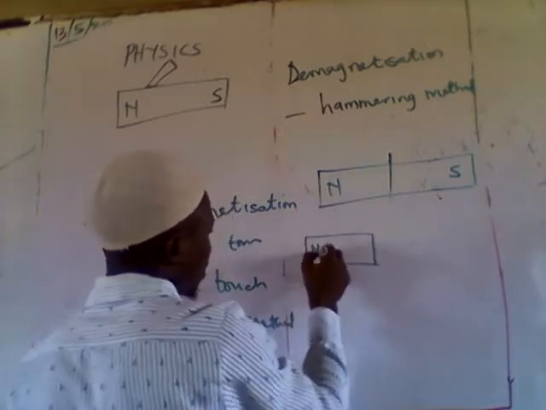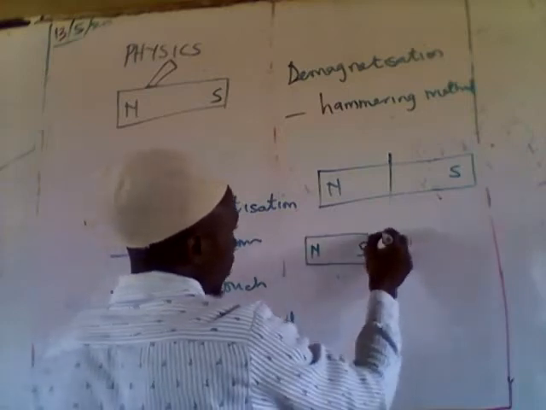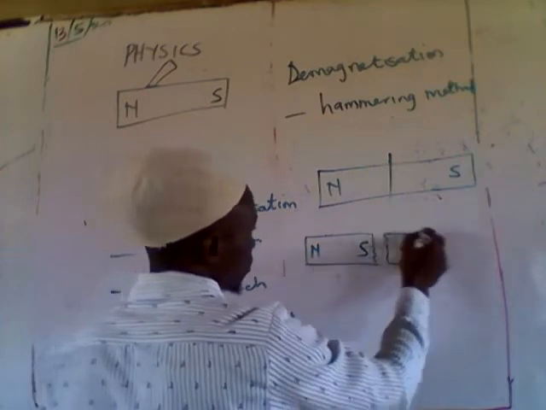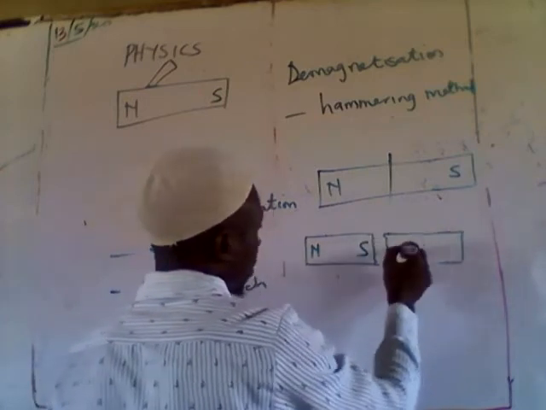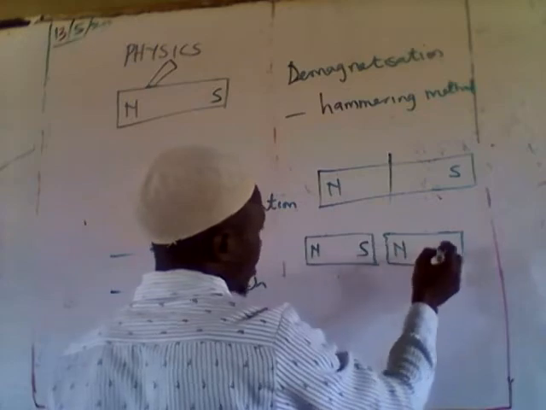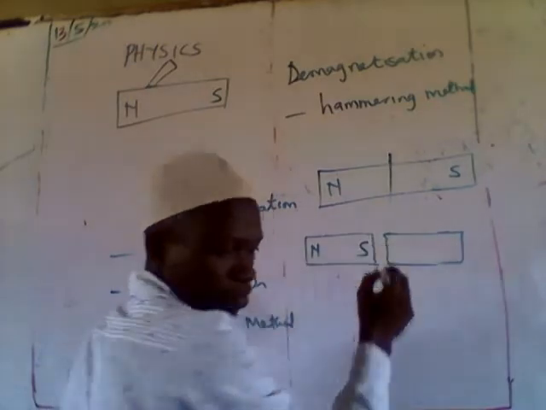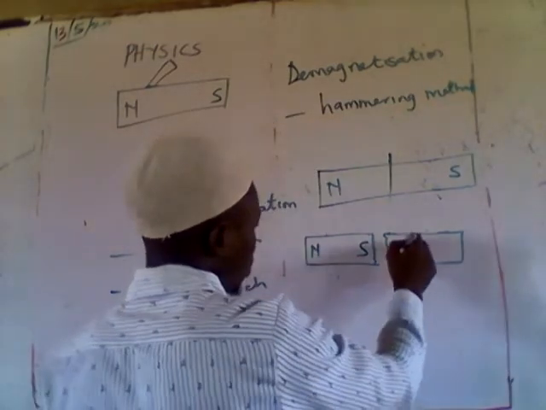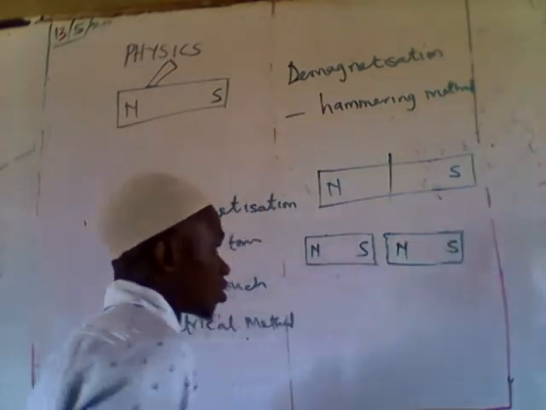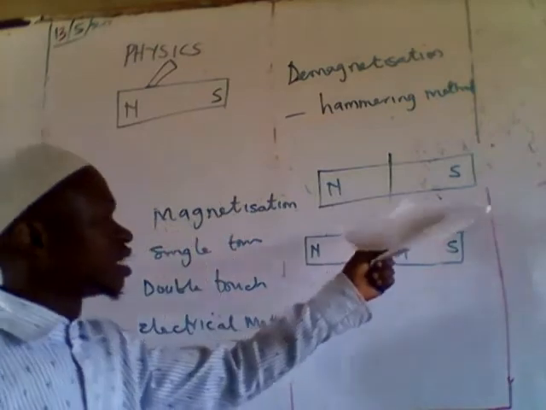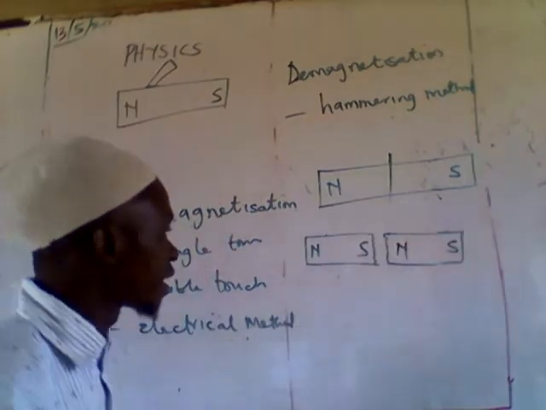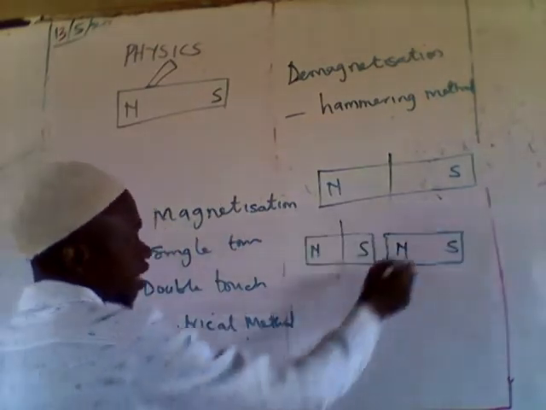We have north here, and here will be south. The other part will be like this, north again, and this is south. So we have broken the initial magnet into two. Hammer this one again, and likewise this one.